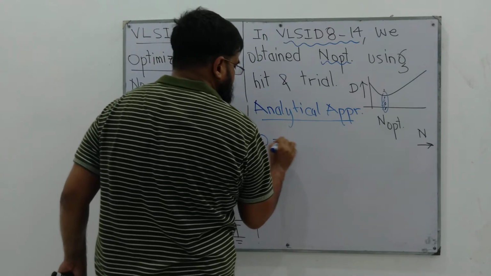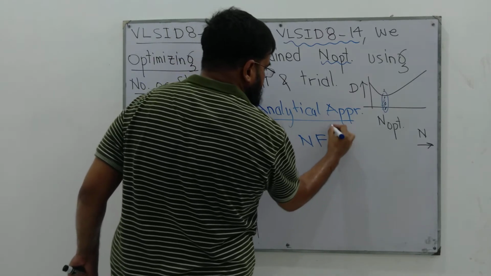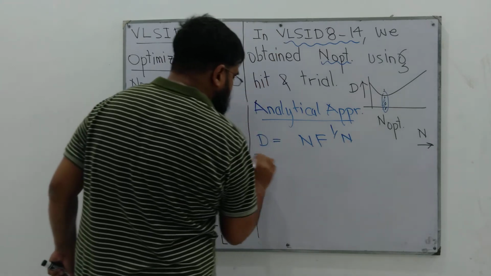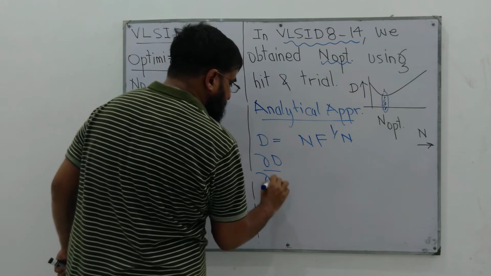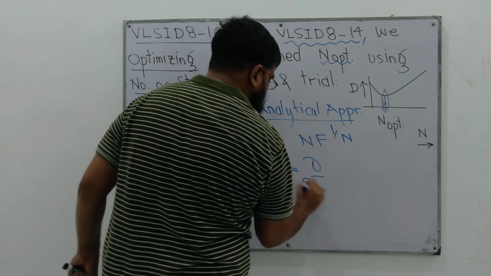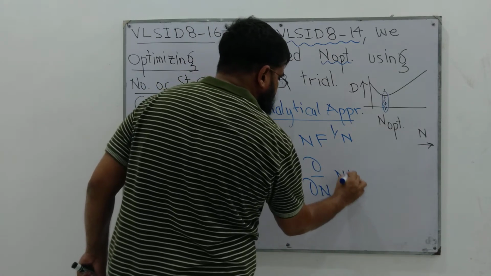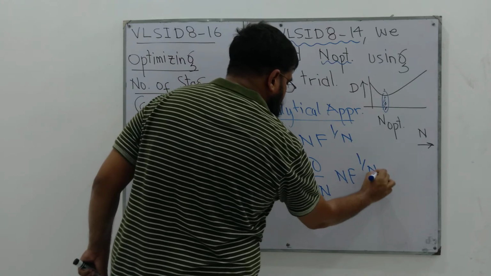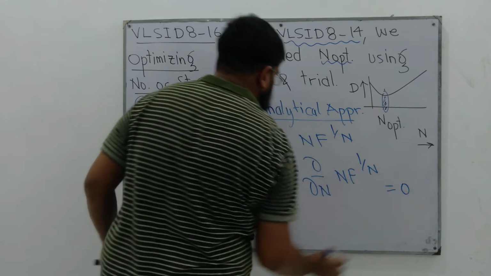We know that in order to find the minimum point for this expression, we should differentiate it with respect to this and put it equal to 0.